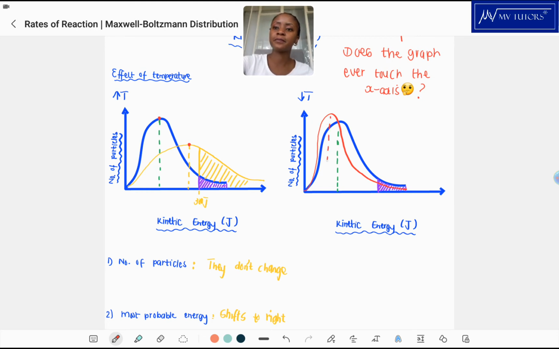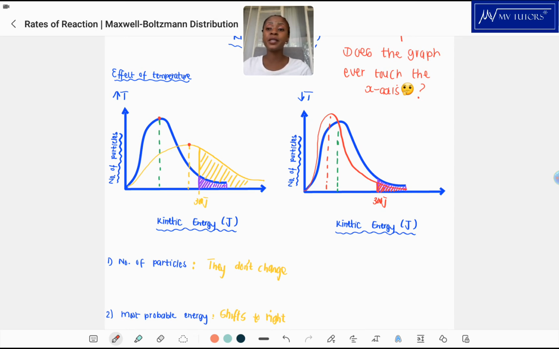Okay, all right, and then also still your activation energy, again, let's use the example of 300 joules, it's still there. Okay, but there are less particles actually that have energy that is higher than the activation energy.